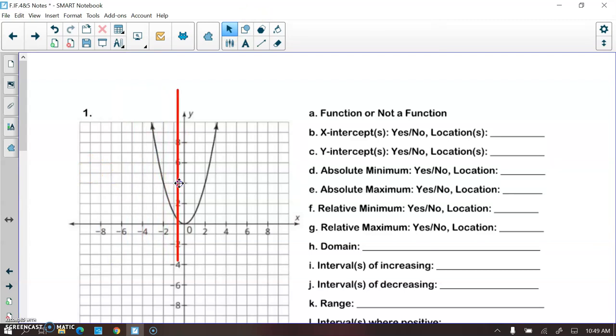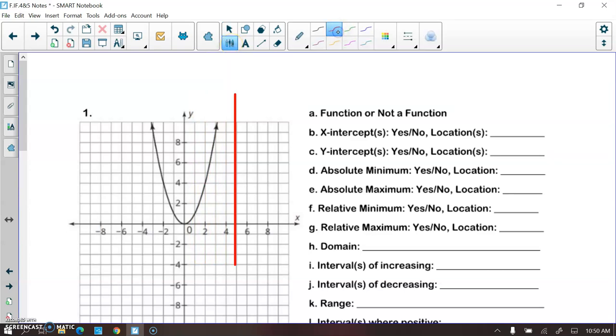Now for this graph, I am not seeing this vertical line hit 2 points at one time. So what that means is that this would be a function. Now, where this graph crosses the x-axis is at this point down here, which is the point 0, 0.